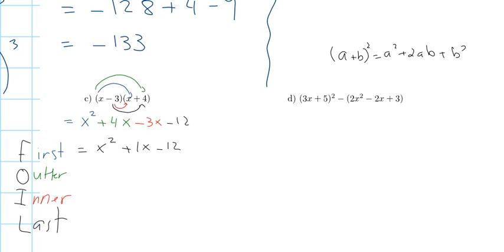You can write this twice. And then when I write it twice, what do I follow? I have to FOIL, right? And then minus 2x squared minus 2x plus 3. FOIL this because multiplication has to happen first, okay? Then we'll talk about the rest, all right?